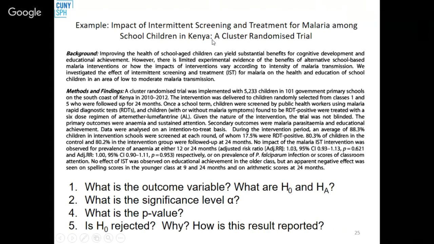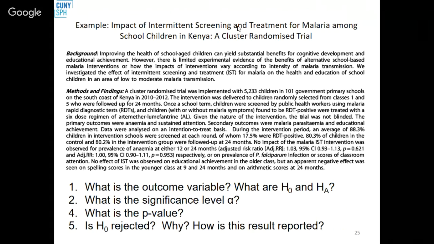So among school children in Kenya, the null hypothesis is that this program of intermittent screening and treatment for malaria produces results in anemia prevalence that is no different than for those school children who do not receive any intermittent screening and treatment. So that makes it clear that you're talking about the population of school children in Kenya, not about these particular groups who are selected for the study.